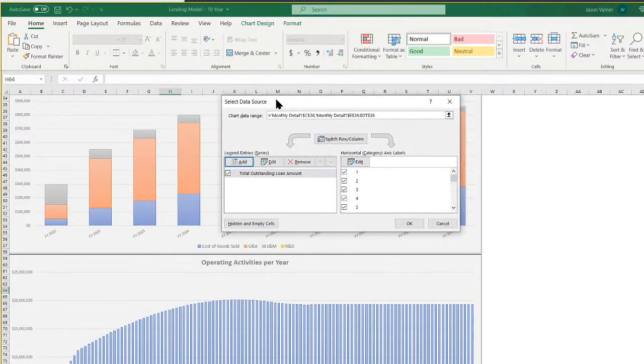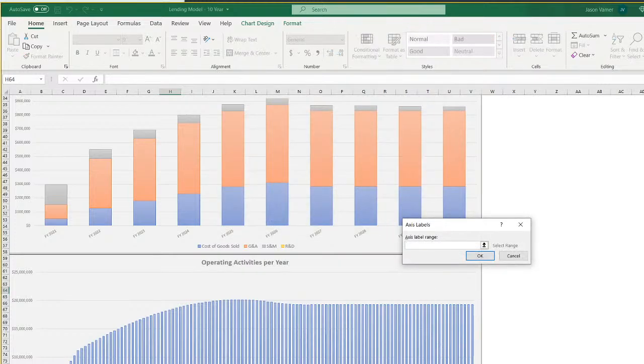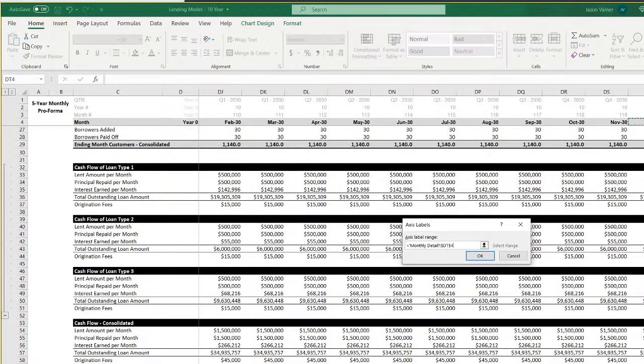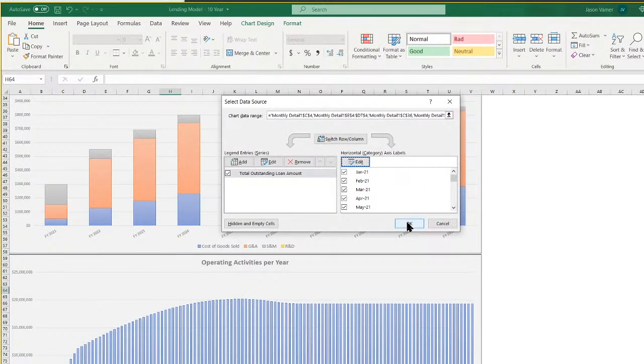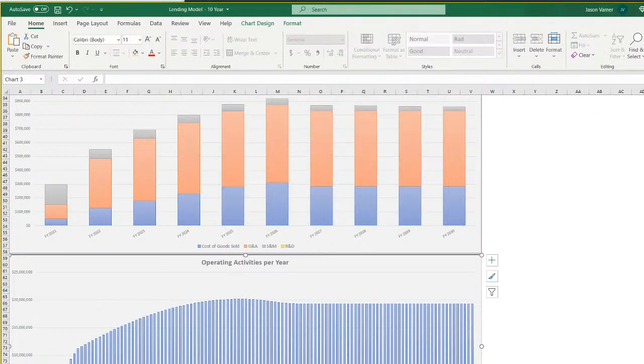Oh, that's kind of cool looking on its own. Put it on a monthly. We don't need this. Loans receivable type 1.